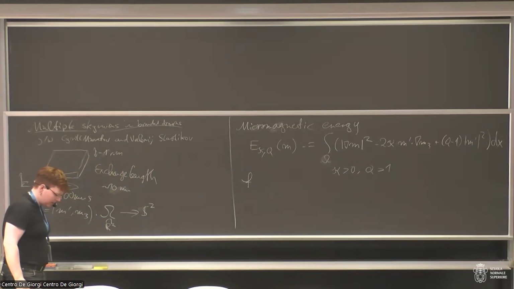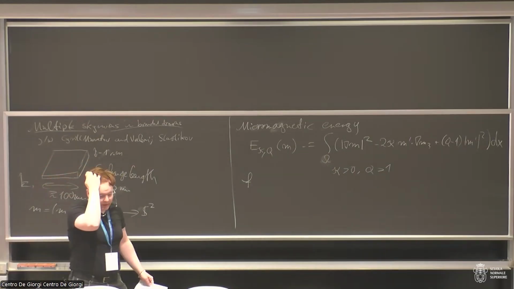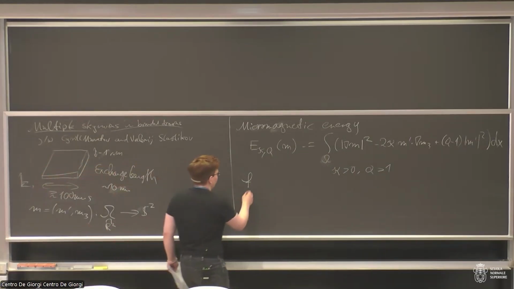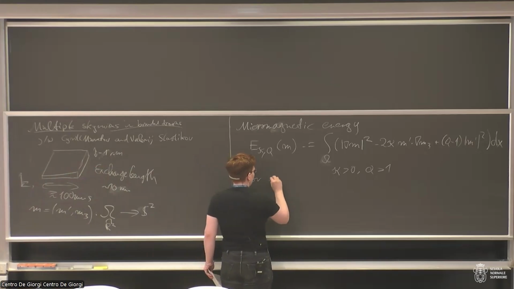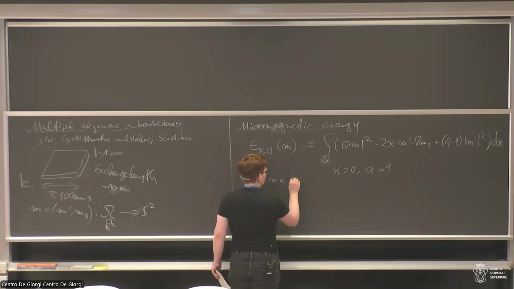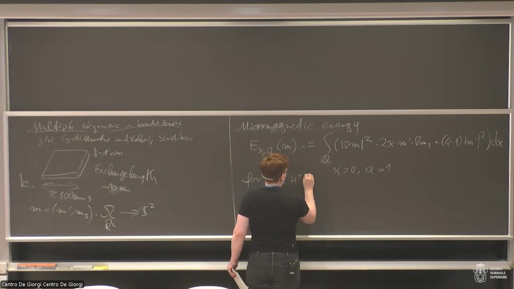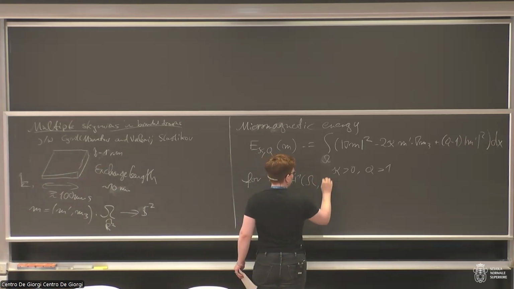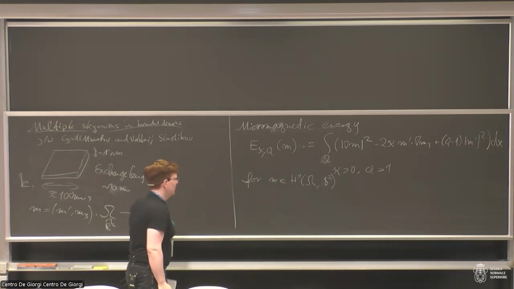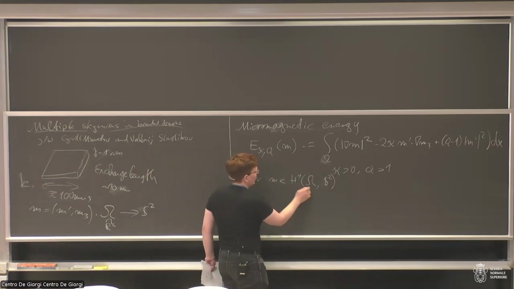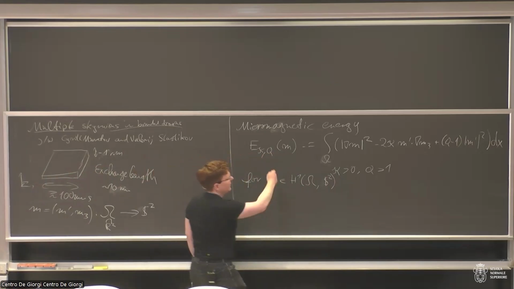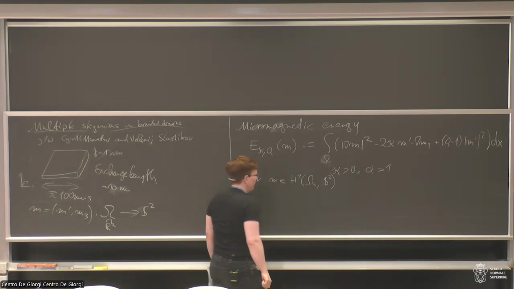We're on a bounded domain. I'm going to tell you what my boundary data are. For simplicity, I'm just going to take Dirichlet boundary data. I'm going to encode them in the following way. I want an H1 function, which basically means all these terms make sense.